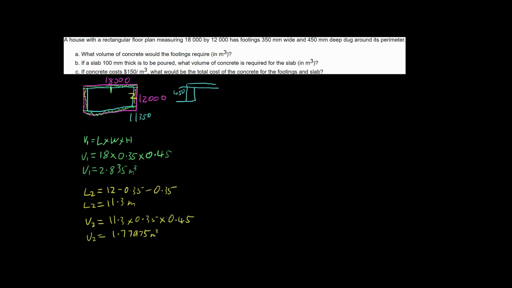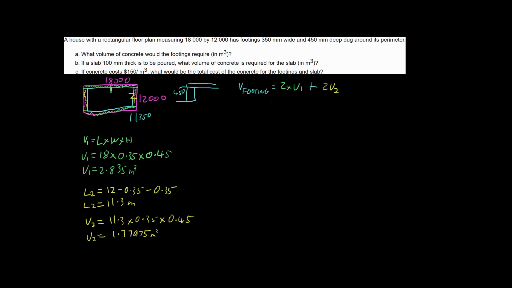So now what we're wanting to do is find the entire volume of our footings. To get the entire volume of our footings, we're going to want to take two lots of section 1, because we have the rectangle across the top and the rectangle across the bottom, and two lots of section 2, which is our rectangle for either side. So the volume of my footing is going to be two lots of volume 1 plus 2 lots of volume 2. So we have our total volume of our footings.